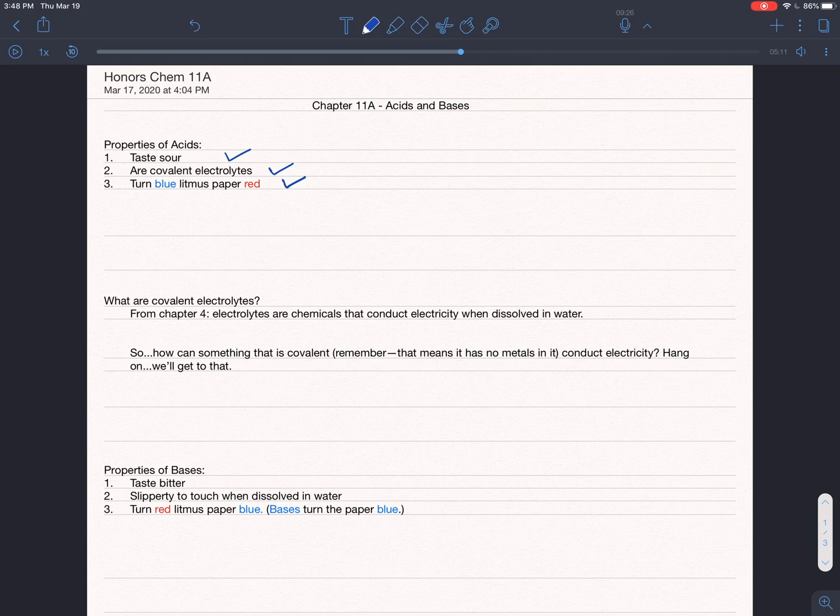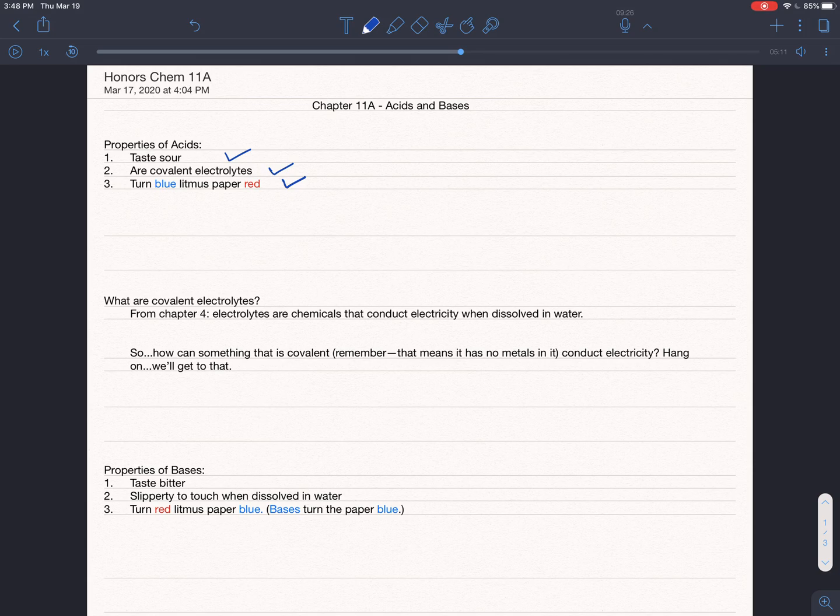Some indicators will be one color in an acidic solution, and a different color in a basic or an alkaline solution. Litmus paper indicates by a color change whether a substance is acidic or basic.